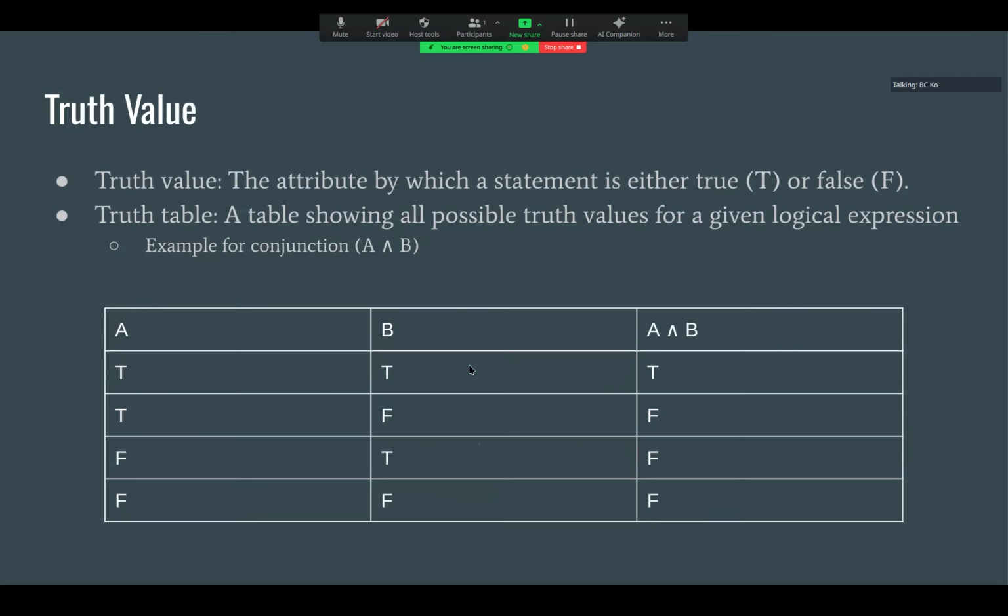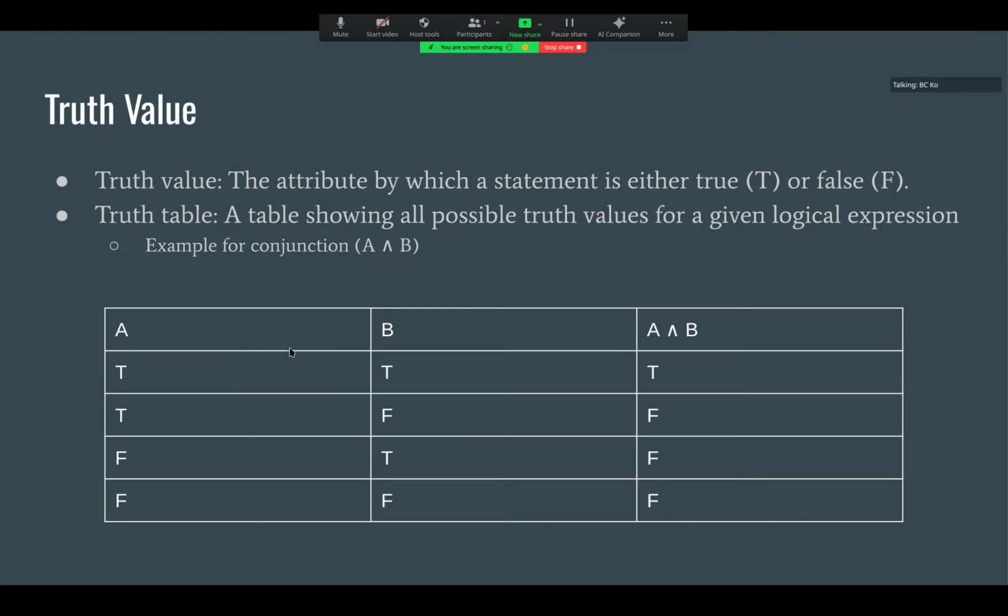Truth value. Each mathematical statement has a truth value, which indicates whether the statement is true or false. And we use truth tables to show all possible truth values for a given logical expression. If we look at the conjunction A and B, we can build a truth table.